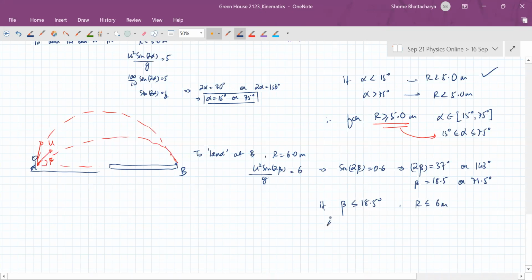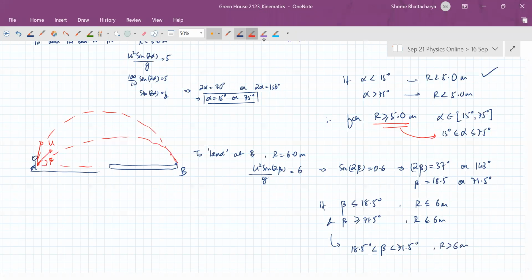On the other hand, if beta is greater than or equal to 71.5 degrees, again the range is less than or equal to 6 meters, which also means that if beta is in between 18.5 and 71.5, then the range becomes greater than 6 meters. So we don't want this. We don't want this. Okay.